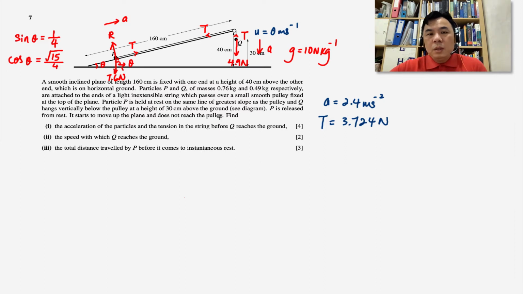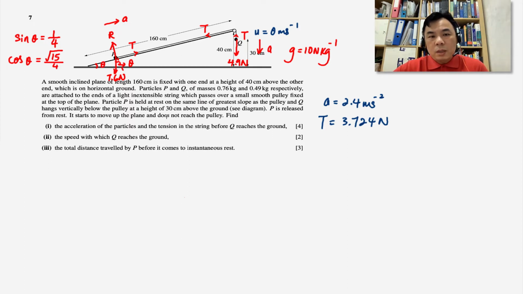So we can make use of the SUVAT equations because we know the distance from the start of Q until it reaches the ground is 30 centimeter. We can use that with the information of acceleration to choose the right SUVAT equation to find the speed of Q just before it reaches the ground.